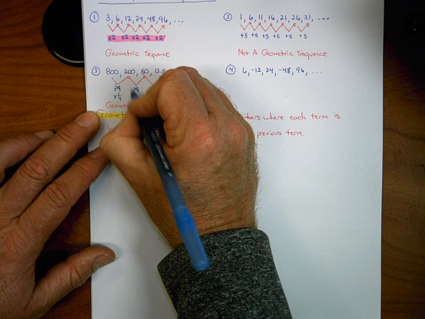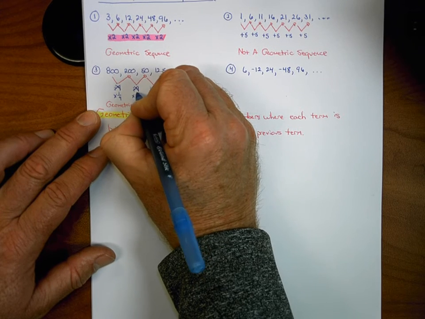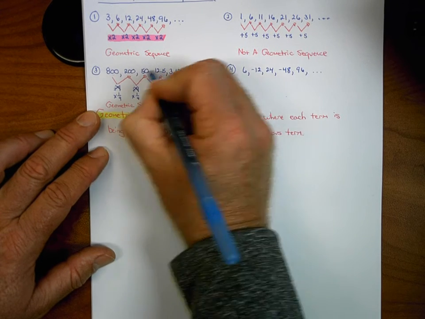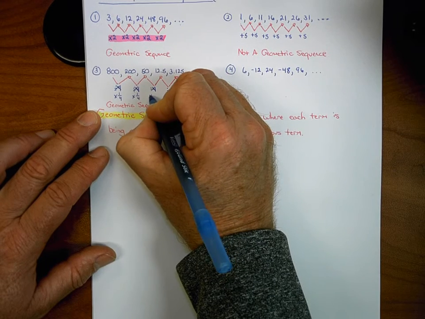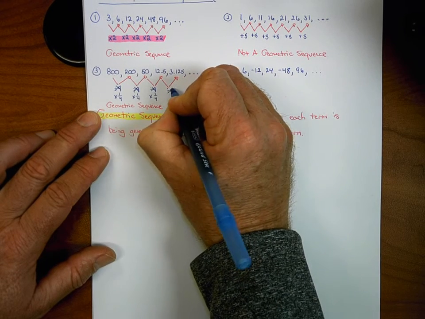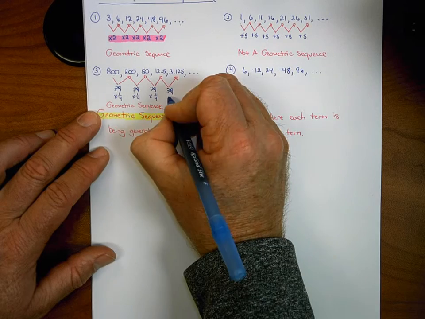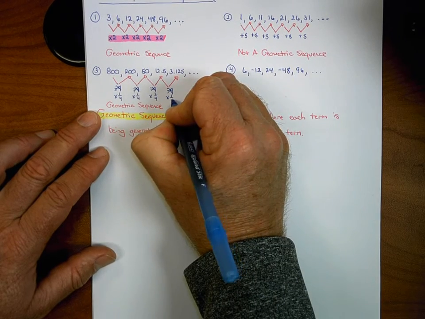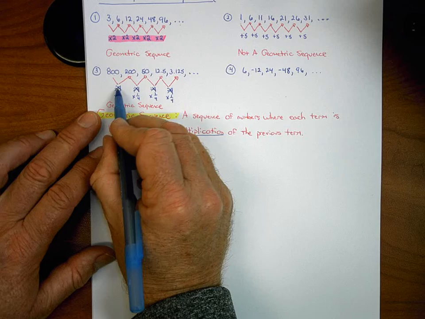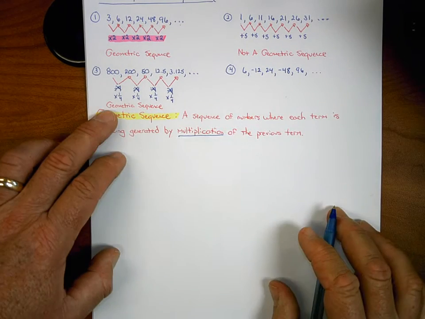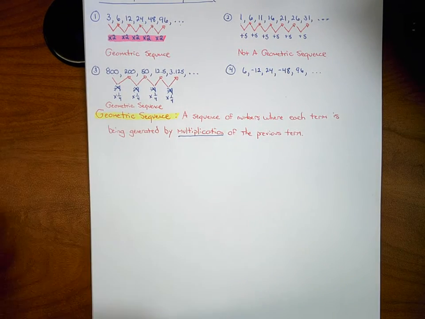If you multiplied 200 by 1/4, that would turn it into 50. So you have to think of geometric sequences not as division but as multiplication. And it's easy. If you're dividing by 4, that's the equivalent of multiplying by 1/4. So that's why that one was a geometric sequence.